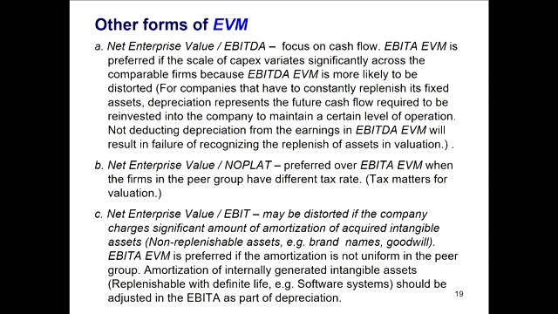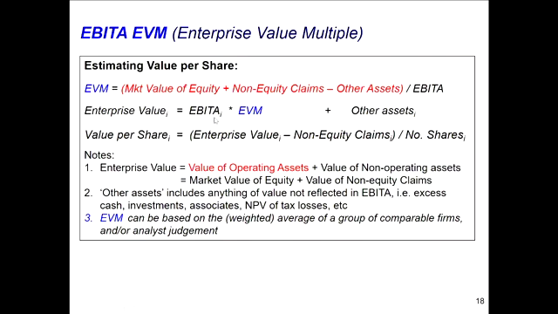If you use EBITDA, where you add back depreciation to the earnings, that number, EBITDA, which is widely used in this enterprise value multiple valuation, is not a completely cash flow figure, and it's not a reported earnings figure either.